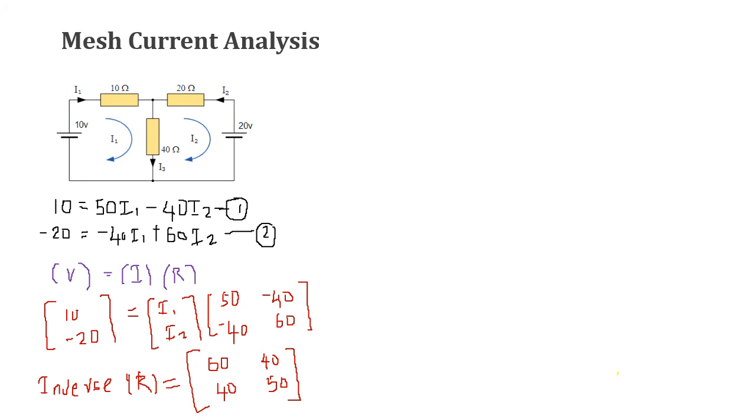Now we need to find the mod of R. The mod of R, or the magnitude of R, will be equal to, here we need to multiply crosswise. 60 into 50 minus 40 into 40, which will be equal to 1400.